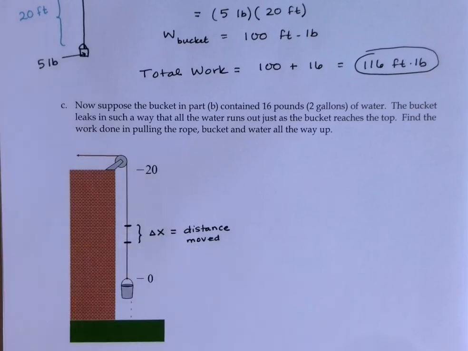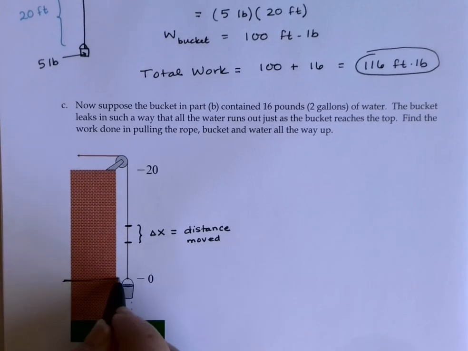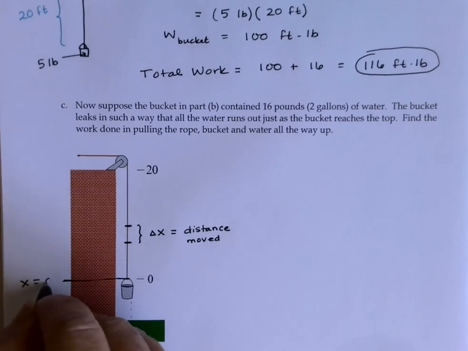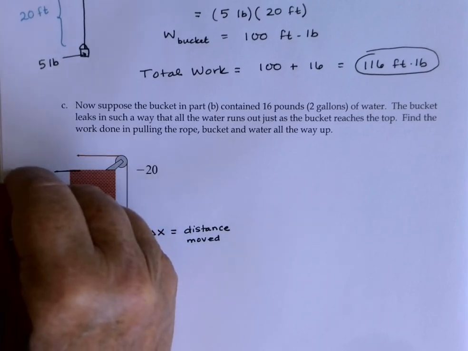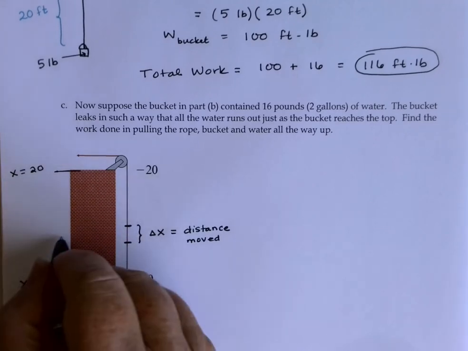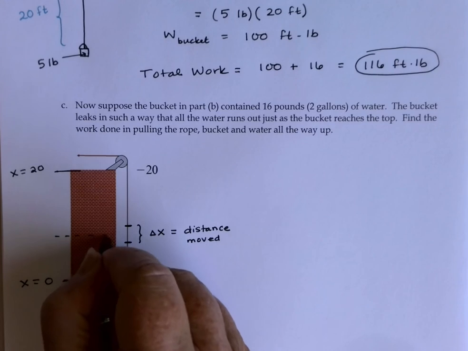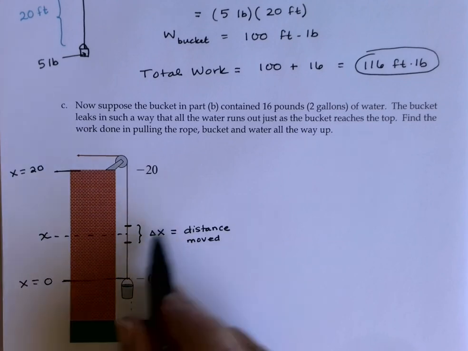All right, next, I'm going to add it over here. This is my x equals 0, where the bucket starts, and this is my x equals 20, where it stops. And let's assume this is some random height x, where this little piece of distance that I'm moving through is located. I need to figure out the force.